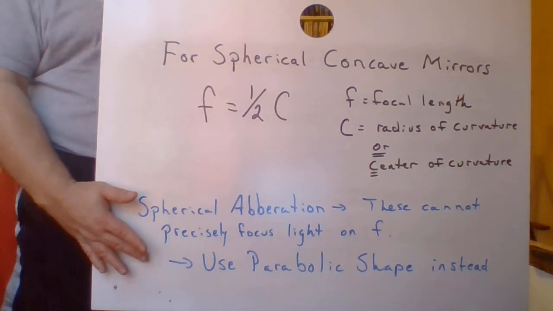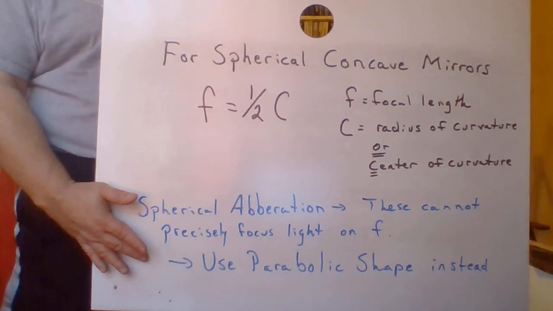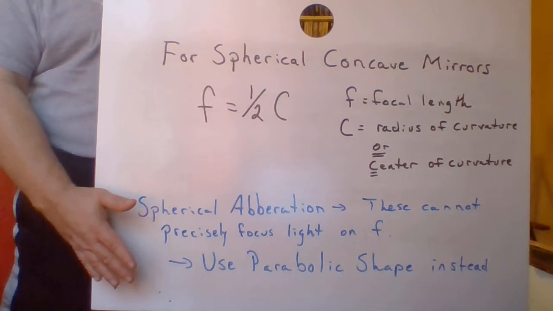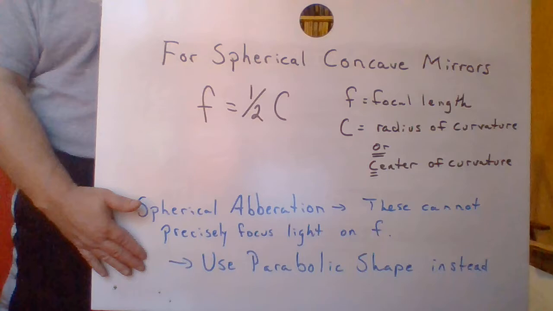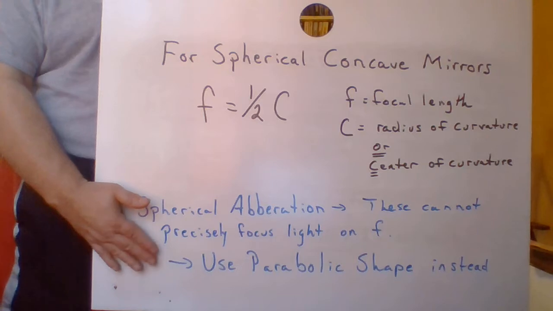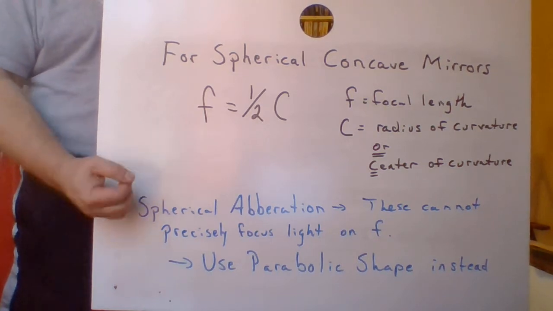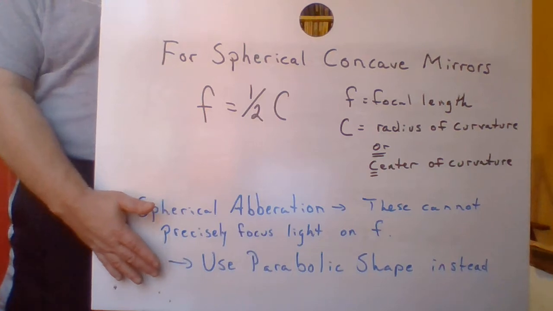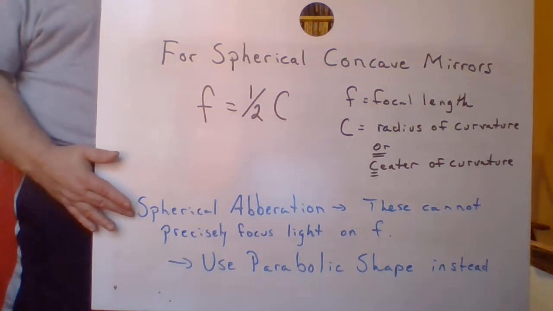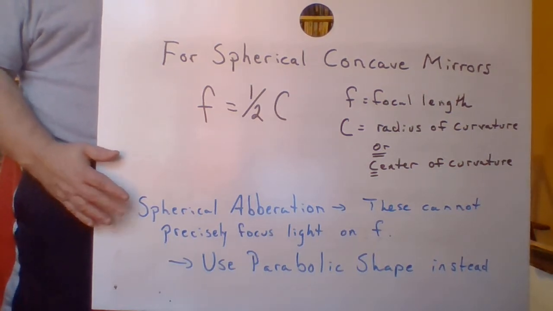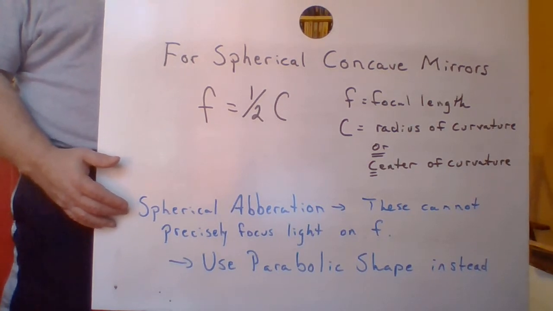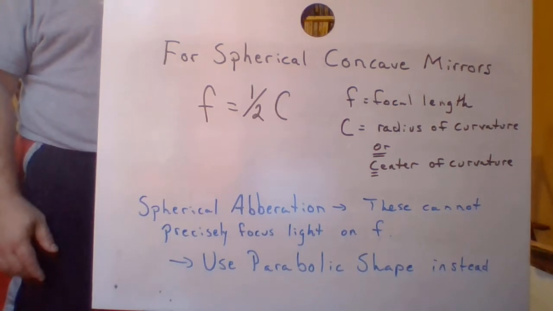And all of the reflecting systems that are used, whether it's a radar telescope, whether it's a light telescope, whether it's a radar satellite dish, whether it's a radar reflector, whether it's the light reflector that is in a headlight of a car, they always try and shape it according to a parabolic shape rather than a spherical shape. But if worse comes to worse, you can use a sphere and you can get pretty good reflection and image production from a spherically shaped mirror.